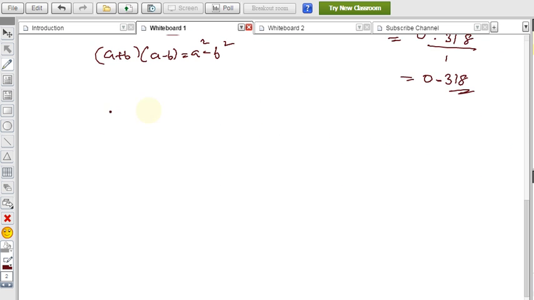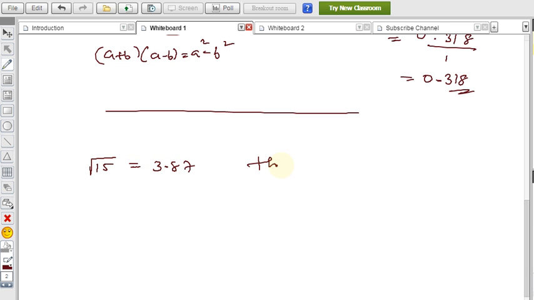Okay, now similarly, the square root of 15 is given. The value is 3.87. Then find the value of root 5 by 3. If root 15 is given, I need root 5 by 3.